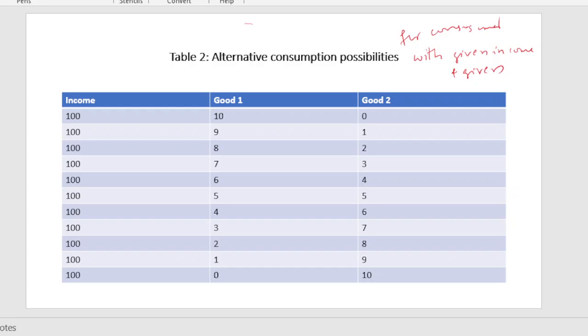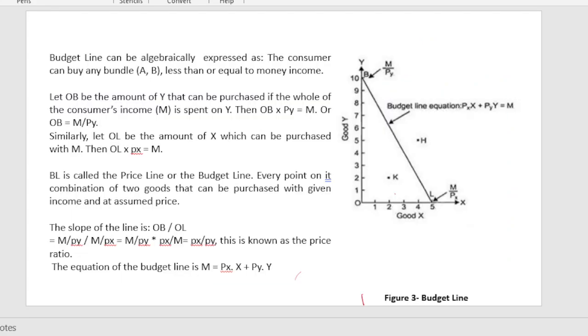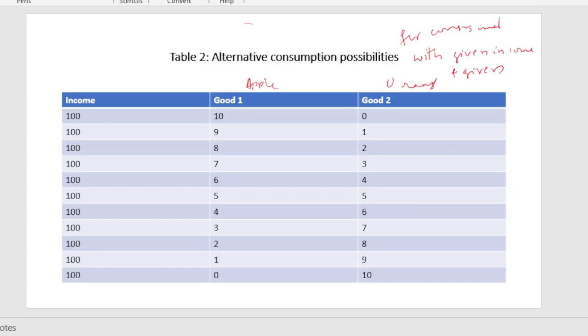So here you can buy 10 apples, 0 oranges; 5 apples, 5 oranges; 0 apples, 10 oranges. This is the apple and this is the orange. Or you can buy any combination given here. All these combinations are affordable for the consumer with his given income. So the table represents the budget line combinations.